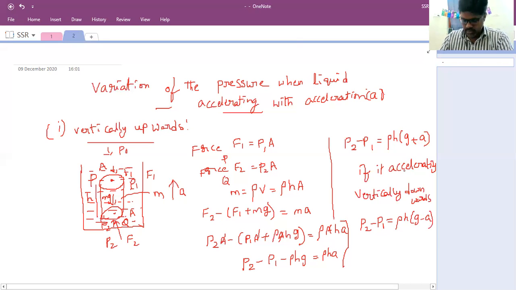If it is accelerating downwards, P2 minus P1 is equal to rho H into g minus a.